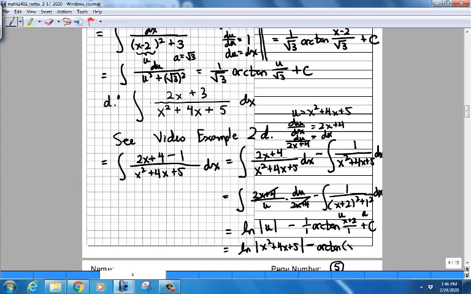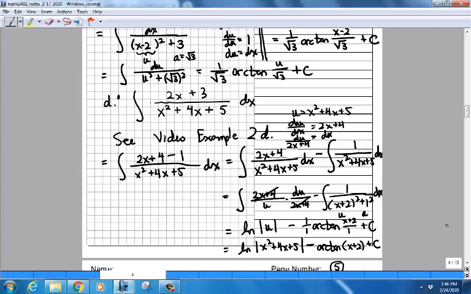So your final answer here looks really impressive. You get a big expression for the antiderivative. This is quite typical of calculus 2 problems. So there is your antiderivative: natural log of absolute value of x squared plus 4x plus 5 minus arctangent of x plus 2 plus a constant, right? Nice antiderivative. It involves natural log and arctangent.